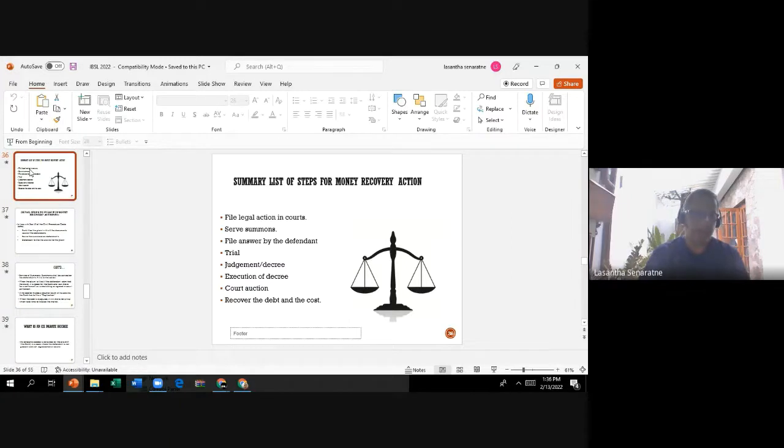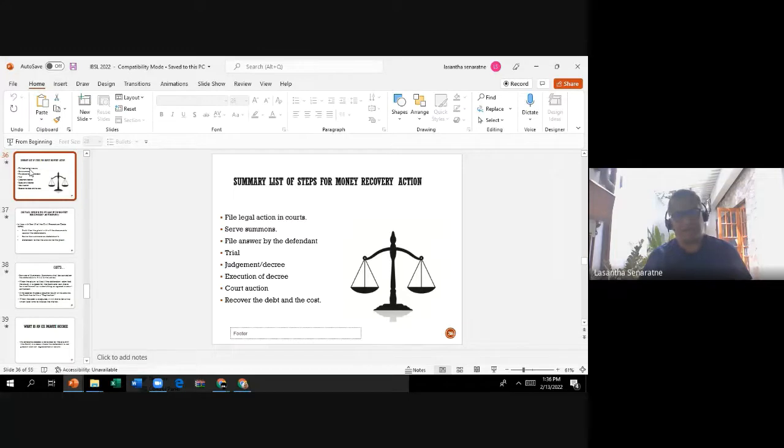After the trial begins, you have to put in your evidence, and there will be cross-examination from the defendant's lawyer, and they will put in their evidence. Then your lawyer can cross-examine. Finally, after the trial is finished, the judge will request both parties to submit written submissions.